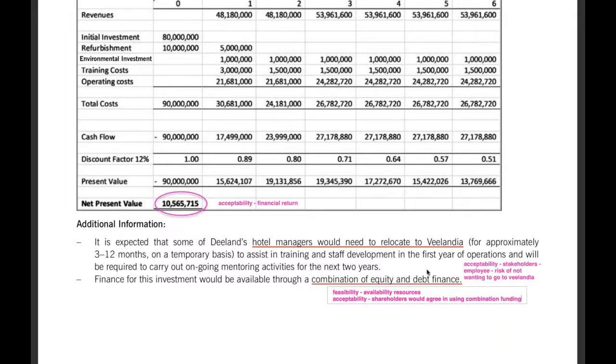All right, so basically this is something that you can actually talk about. You have some for feasibility that you can write.